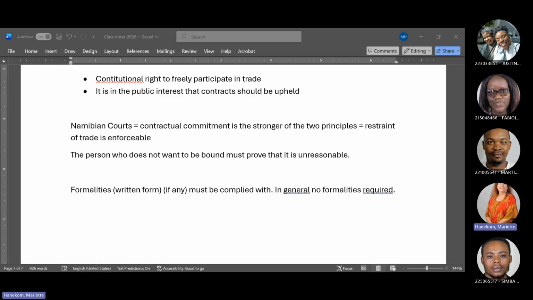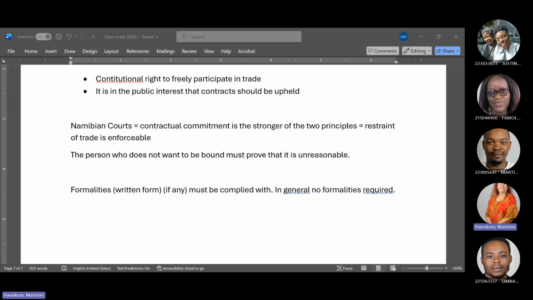Because a restraint of trade denies you the right to actually do your employment of choice, whereas with an NDA, you can still do your job of choice. You must just keep your mouth shut. So yes, that is something that people can negotiate when they enter into this contract. But if there is a restraint of trade in a contract, a court of law will never change somebody's contract.